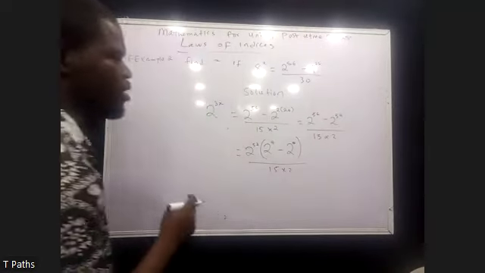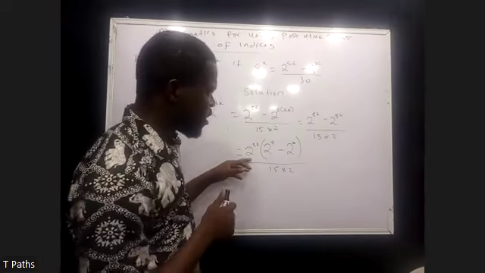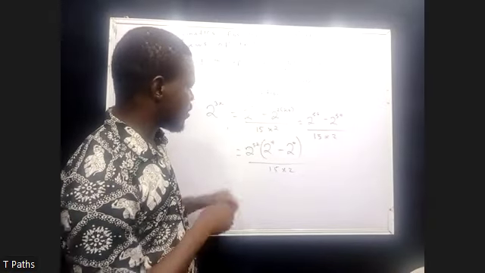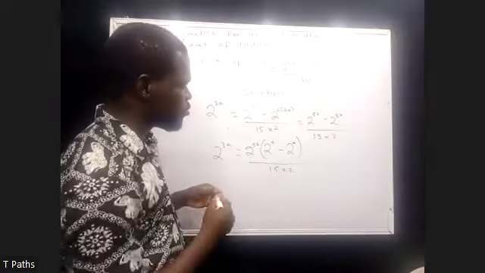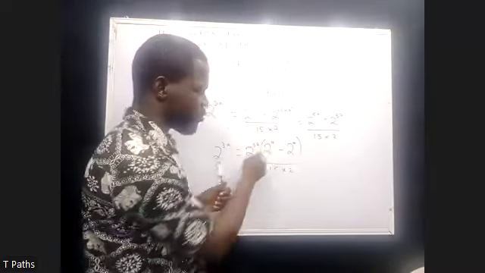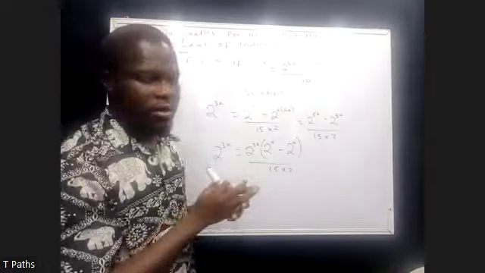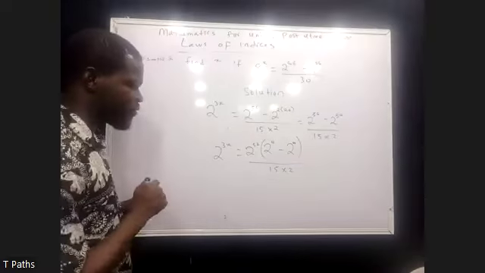We don't multiply power, we add power. So by the time I open these brackets, I'll be having 52 plus 6 plus 4. This plus this, I'll be having that.